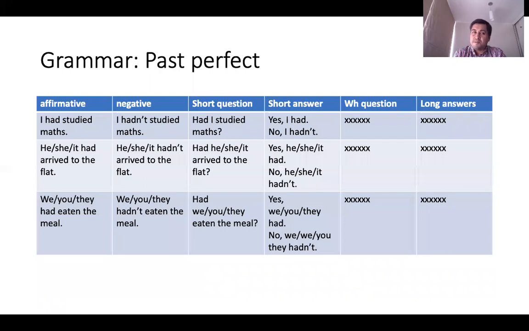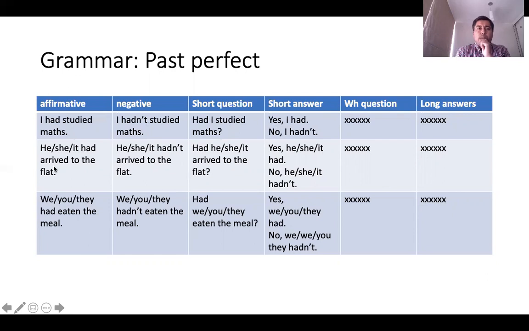Now, the past perfect. The past perfect here is presented in the chart, right? With I had studied math, I hadn't studied math, had I studied math? Yes, I had, no, I hadn't.